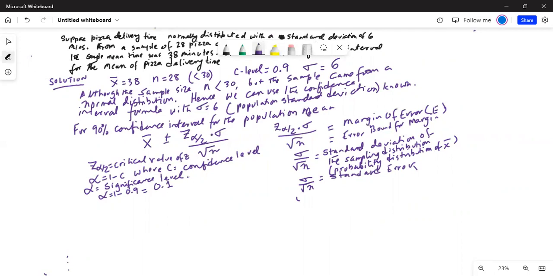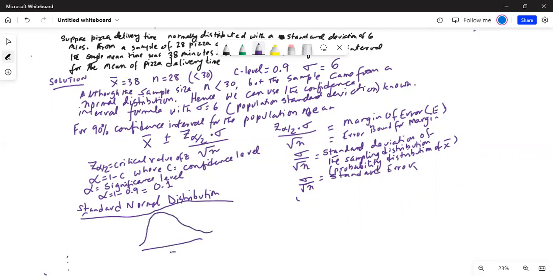Okay, so let me draw the standard normal distribution. It's a bell-shaped curve basically. Z on the horizontal axis.